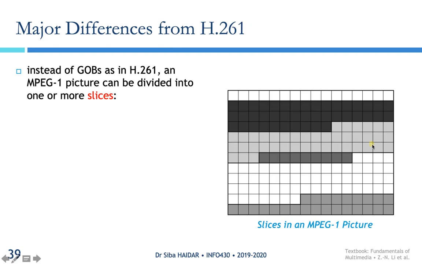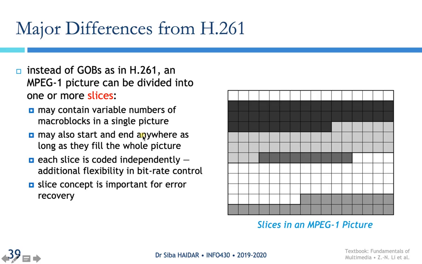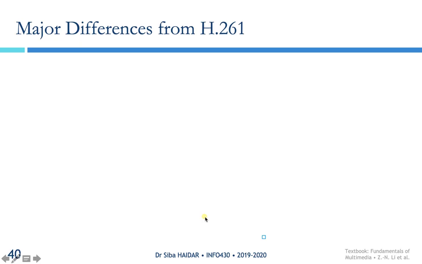These are slices in an MPEG-1 picture, the white, the gray, the dark, etc. A slice can contain a variable number of macro blocks. They may also start and end anywhere as long as they fill the whole picture. And each slice is coded independently. This gives additional flexibility in the bitrate control, and the slice concept is important for error recovery.